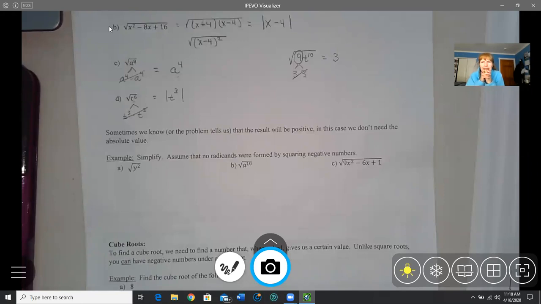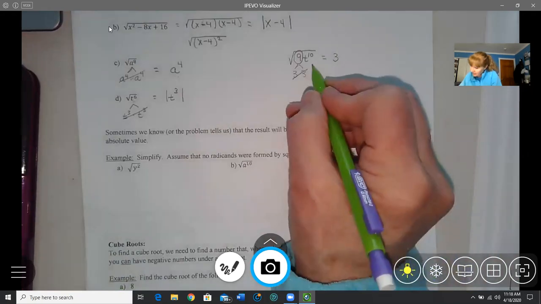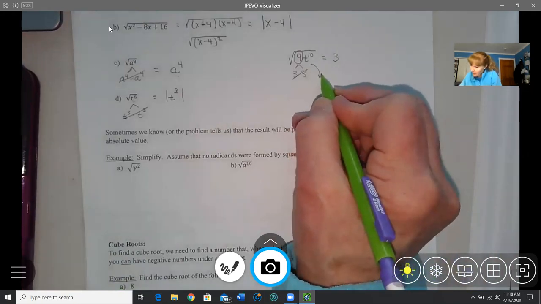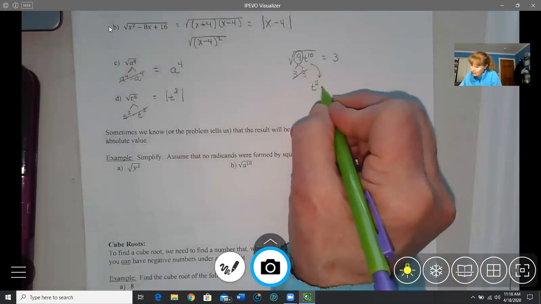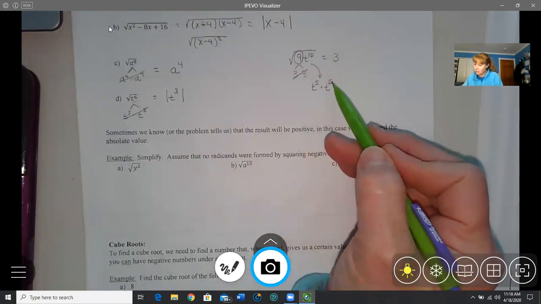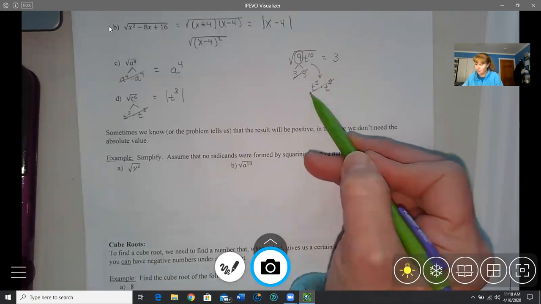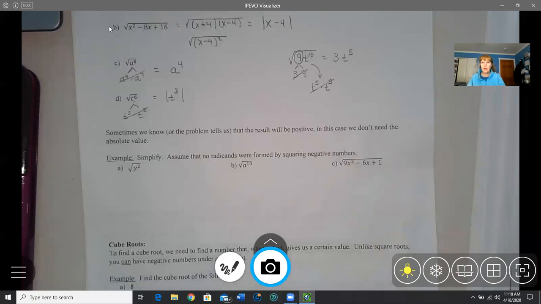But what about t to the 10th? Here we've got t to the 10th. I'll come over here. Divide that by 2, and you get t to the 5th times t to the 5th, which is t to the 10th because you add exponents. If you have the two of them that match, you're good to go. They come out. All right.